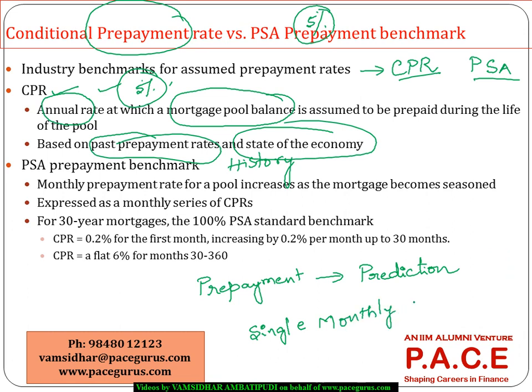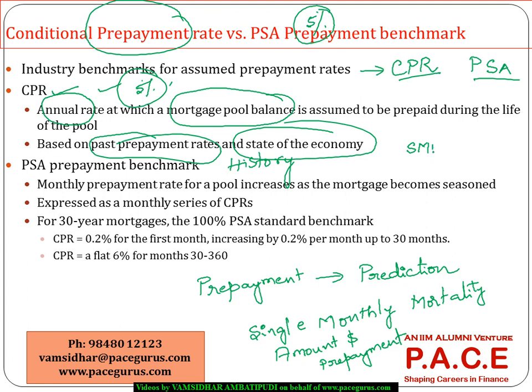Whatever the annual figure is, they convert it into a single monthly mortality to assess the amount in dollars that I can expect as a prepayment in a particular month.